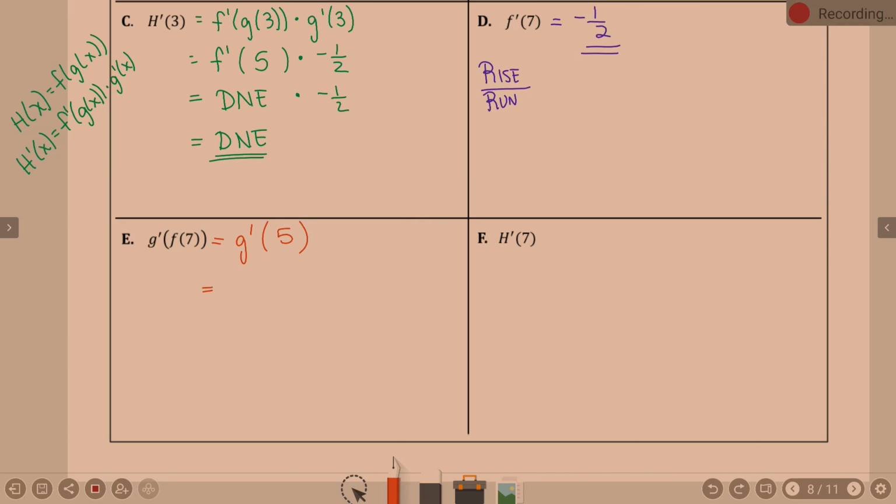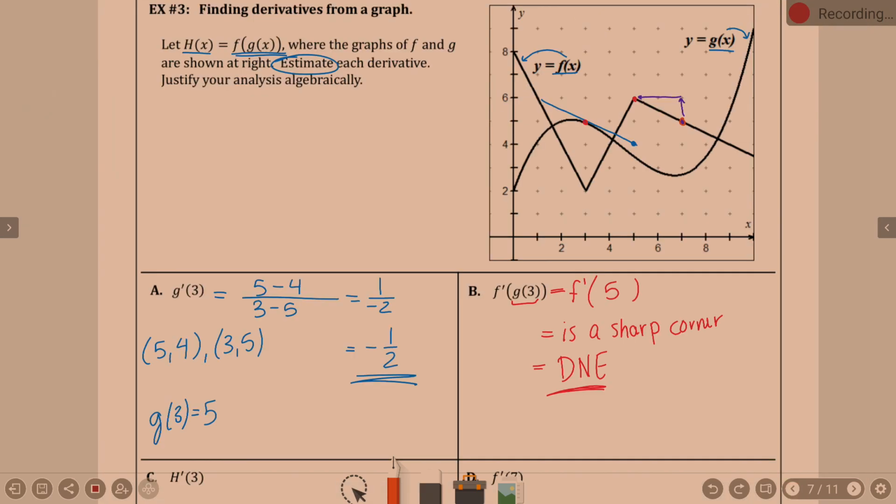Wait a second. So G, which is my curvy one, of 5. That point right there. It's about -1/2.